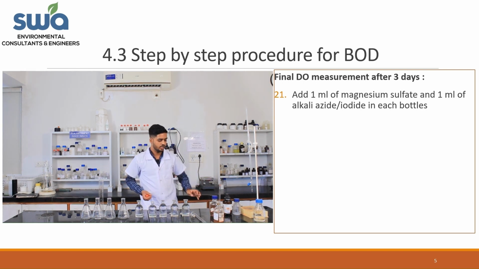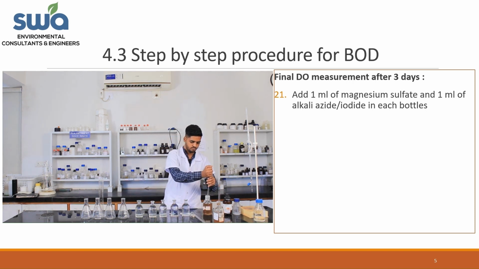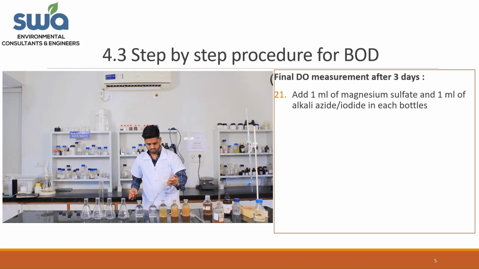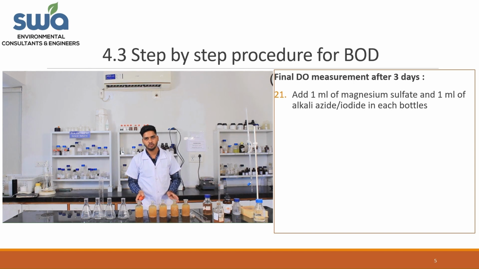After adding the MnSO4, we will add alkali azide. Now you will be able to see that the precipitates are formed in the bottles.